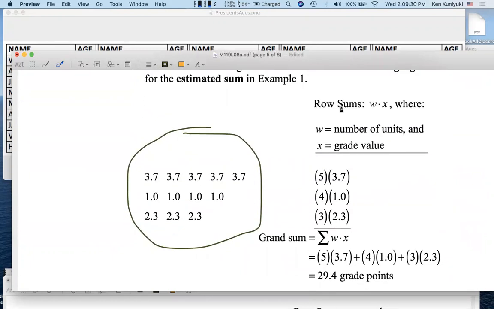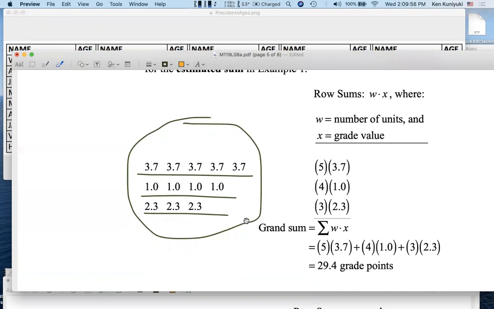So the row sums for each class, that's given by W times X. The weight, the number of units, times your grade as a number, 3.7 for an A-. Each of these row sums is given by this product, W times X, for class number 1, class number 2, and class number 3. The grand sum is given by summation, W times X. We're adding up all these class sums.